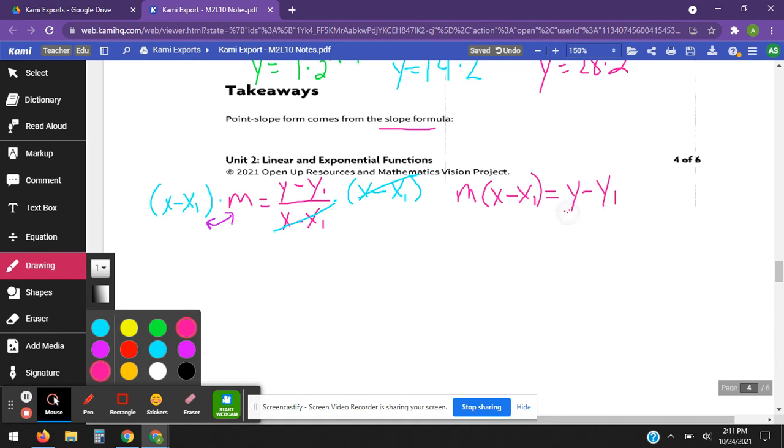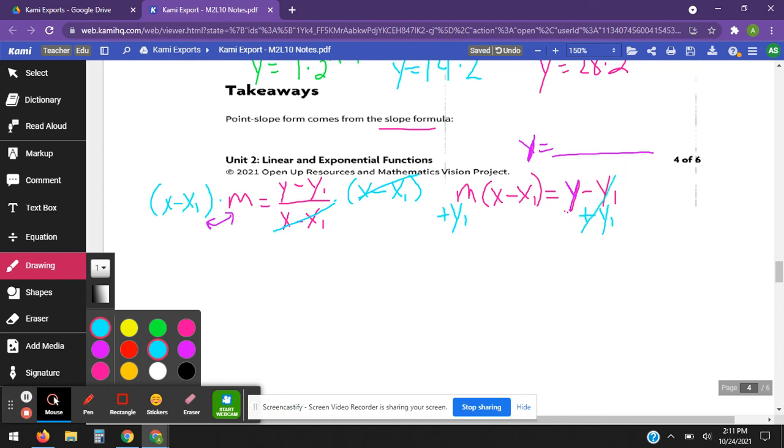And if I want to get this y by itself, because I want it in a y equals format, I have to add y1 to both sides.